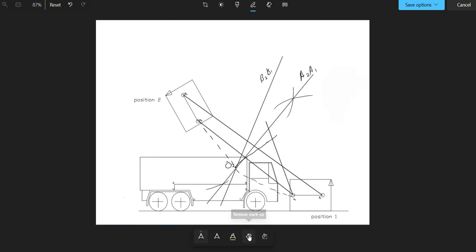Let me ensure that it's a straight line. So a line from O2, and then another line from A1.